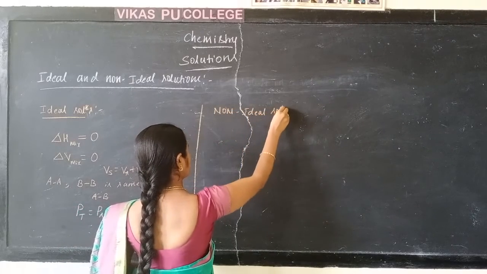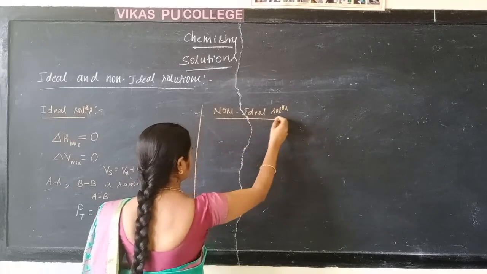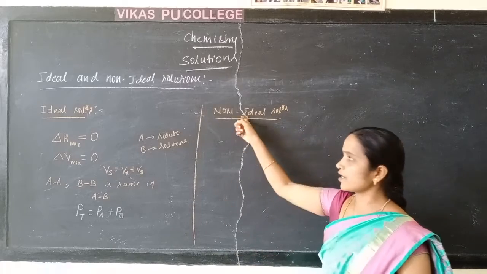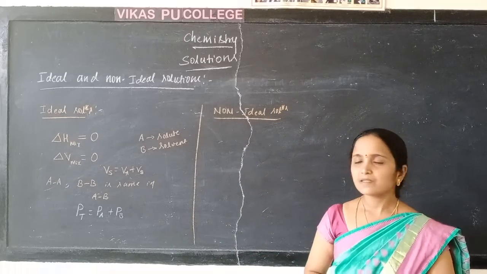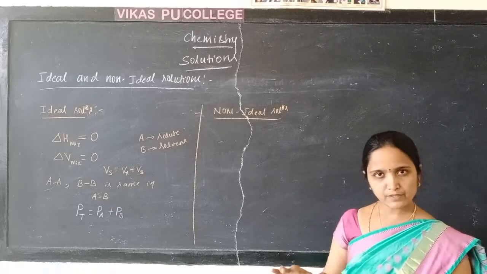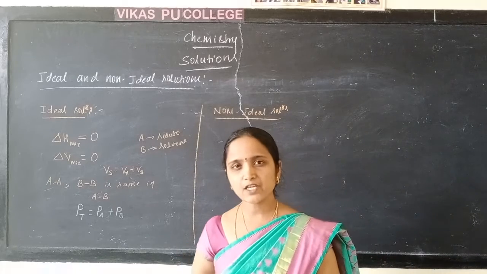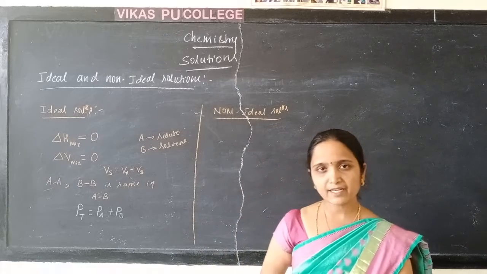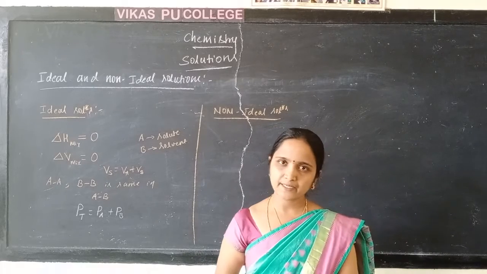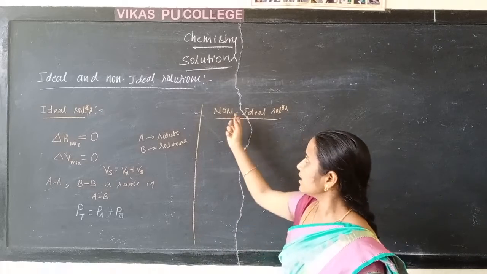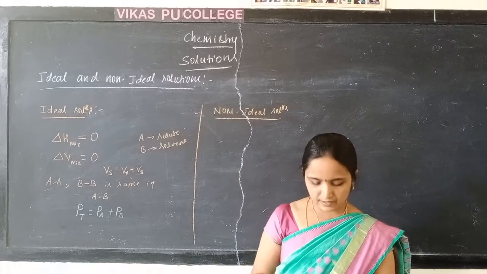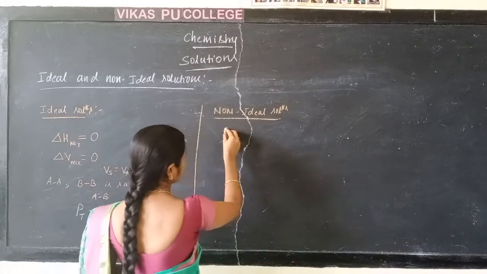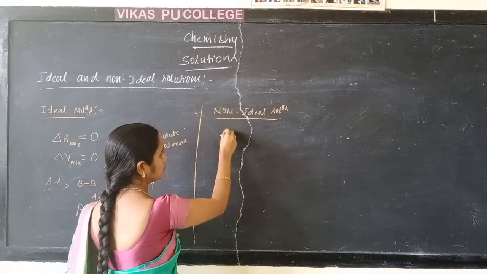Non-ideal solutions. A non-ideal solution is a solution which does not obey Raoult's law over the entire range of concentration. The change in the enthalpy is not equal to 0.